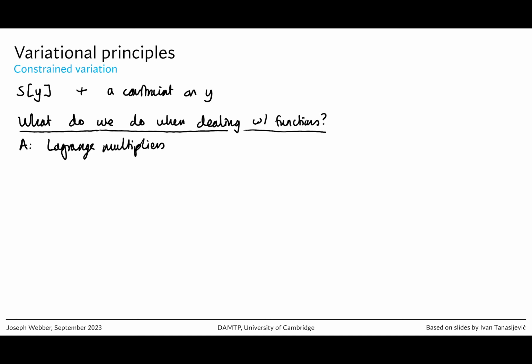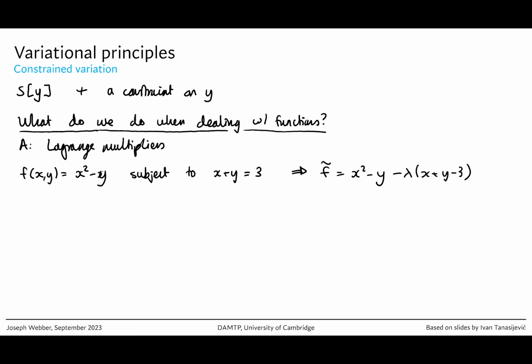So we can have something like, if we wanted to maximize f of x equals x squared minus y, so we'll make it a two-variable function, subject to x plus y equals 3, what we'd have to do is actually consider the function x squared minus y minus lambda times (x plus y minus 3).